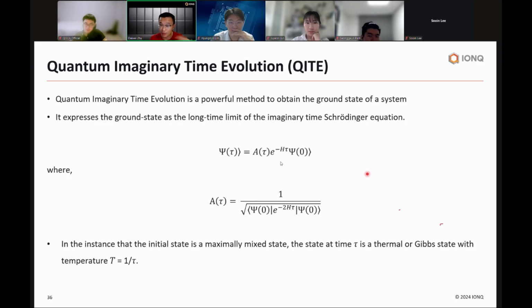And you have real energy, and the real energy gives you a phase in your state. It accumulates phase. That's quantum evolution according to the Schrodinger equation. But if your energy is an imaginary energy, then that corresponds to a decay factor. The higher the energy, the stronger the decay of the state.